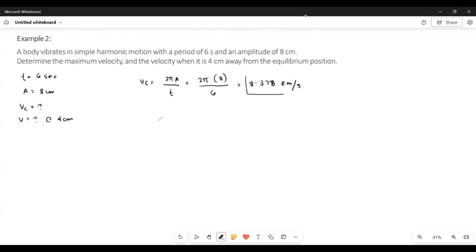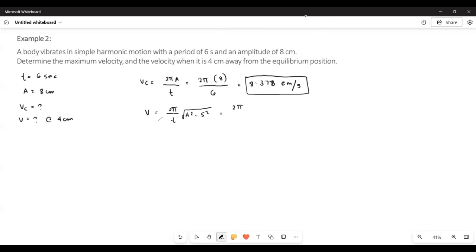And for our velocity at 4 centimeters away from the equilibrium position, it is equal to 2 pi over time, multiply by square root of a squared minus s squared, wherein yung a is yung amplitude, and then yung s yung given na displacement.